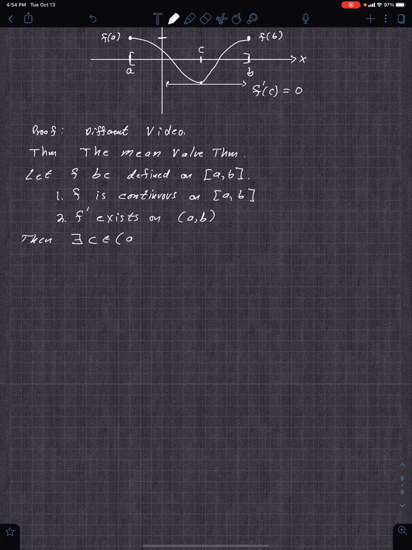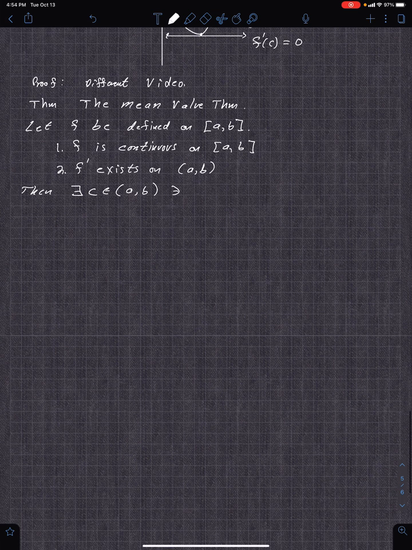Then, same concept, there exists a c in the open interval from a to b such that, now this is a little different, but this is basically the slope of the secant line is the same as the slope of f prime of some value c, such that f prime of c equals, and this is the secant line, f of b minus f of a all over b minus a.